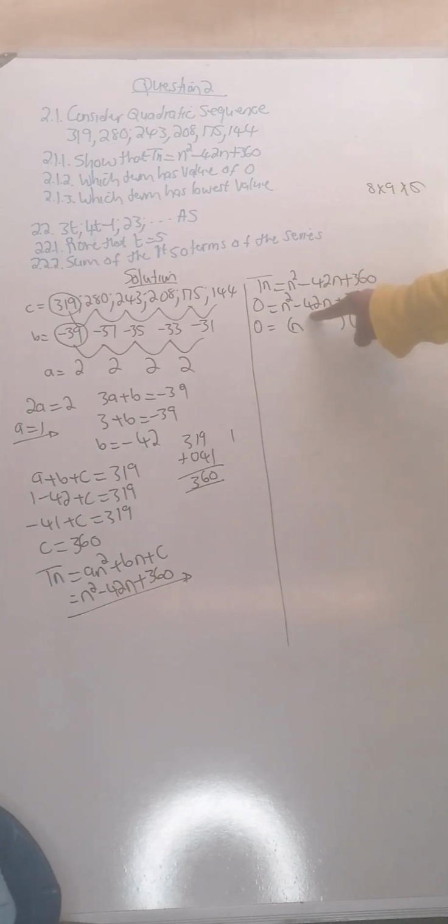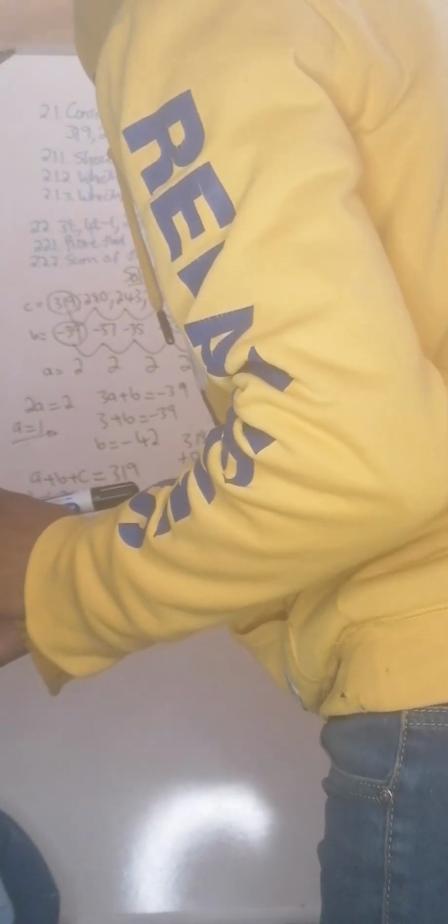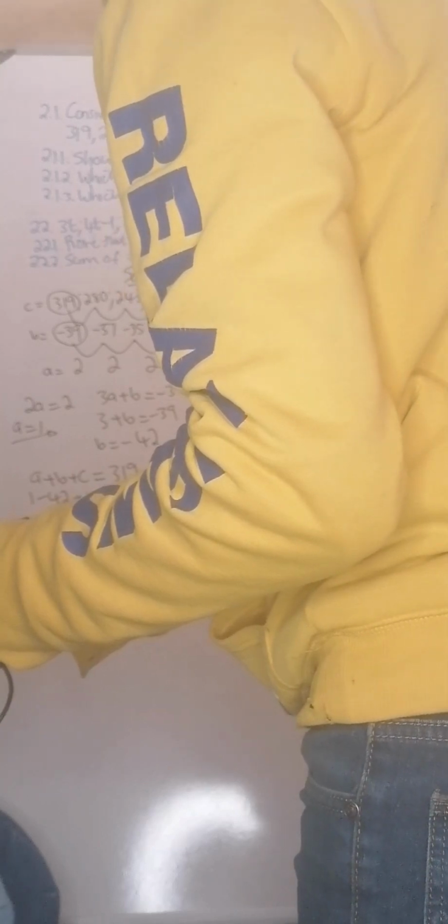Let me try 8 times 5, it's 40. I need to get 42. No, let me try 9 times 5, it's 45.